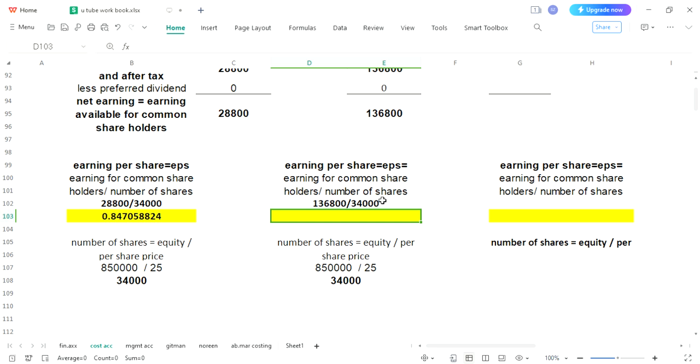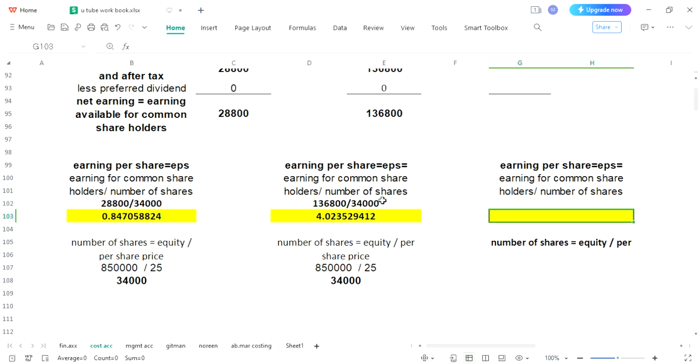So we have, okay, statement is completed, 136,800 divided by 34,000. So we have got our second EPS, which is 4.0.